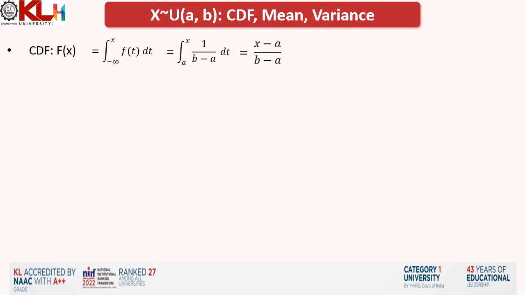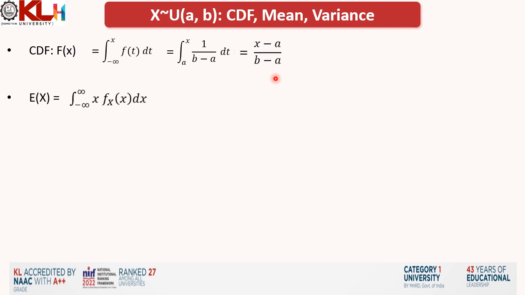We can also calculate the cumulative distribution function, which is the integration of the PDF over the interval minus infinity to x. So the PDF 1 over b minus a is integrated from a to x because the lower limit is a, and this is x minus a over b minus a.